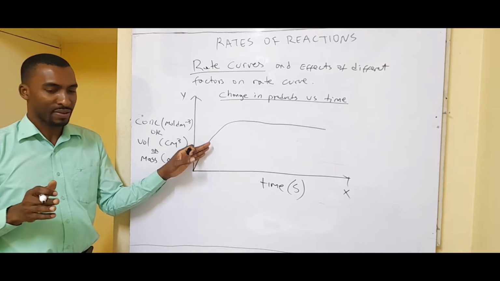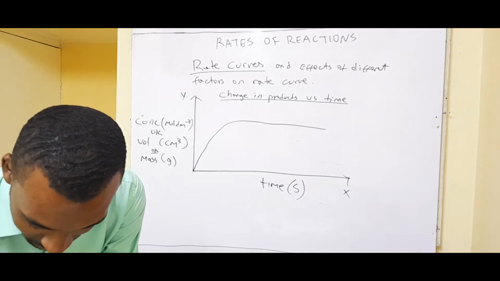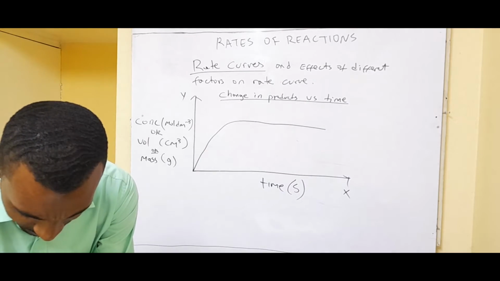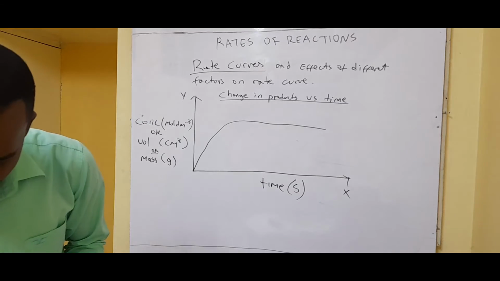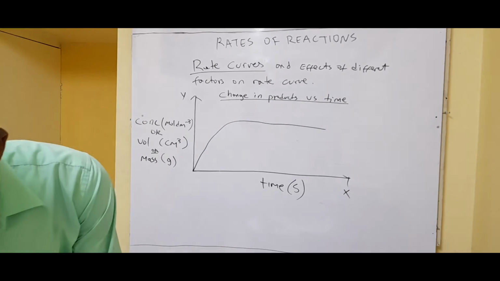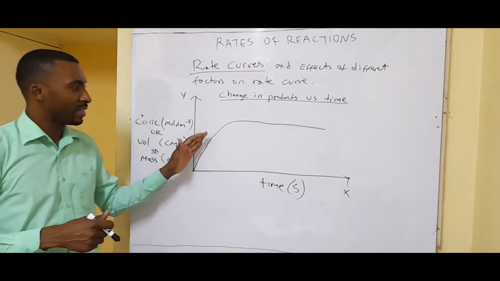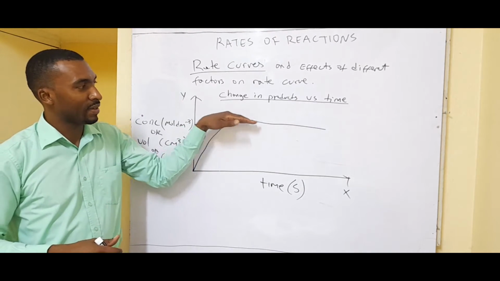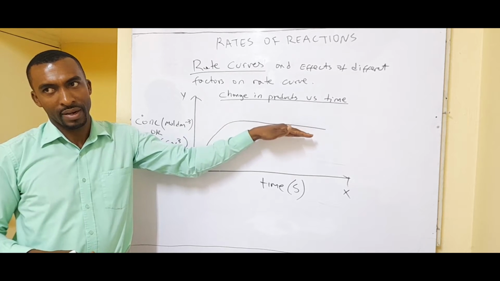But as the reaction goes on, the curve will start to get, what should I say now, less steep, so shallower, alright? So initially it's steep, then it becomes shallow, and then it will actually level off. We call it plateau, alright?